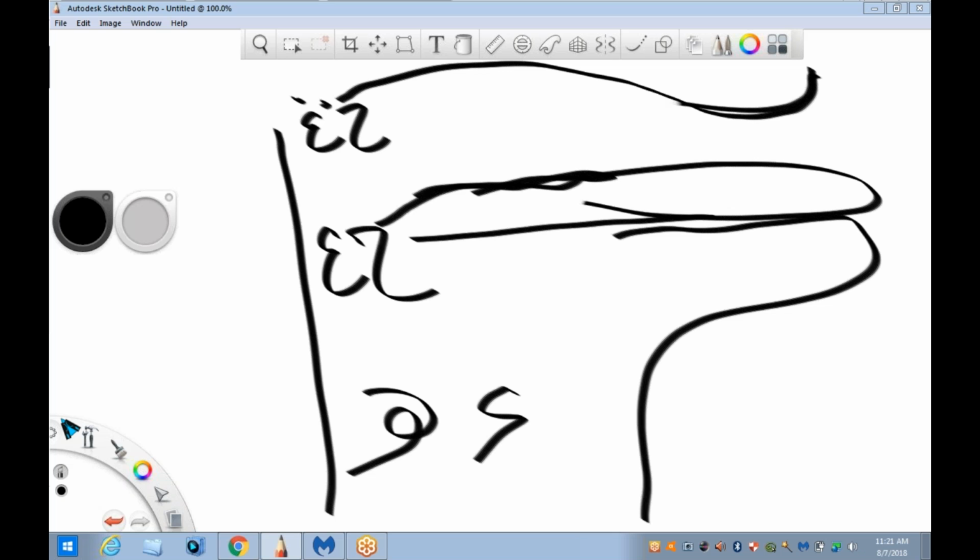Even though in the ghain and the kha, you're actually using your tongue, because the sound stems from the throat, they're called the letters of the throat. Even though in these last four letters, it's your tongue that is doing the work. Tayyib.